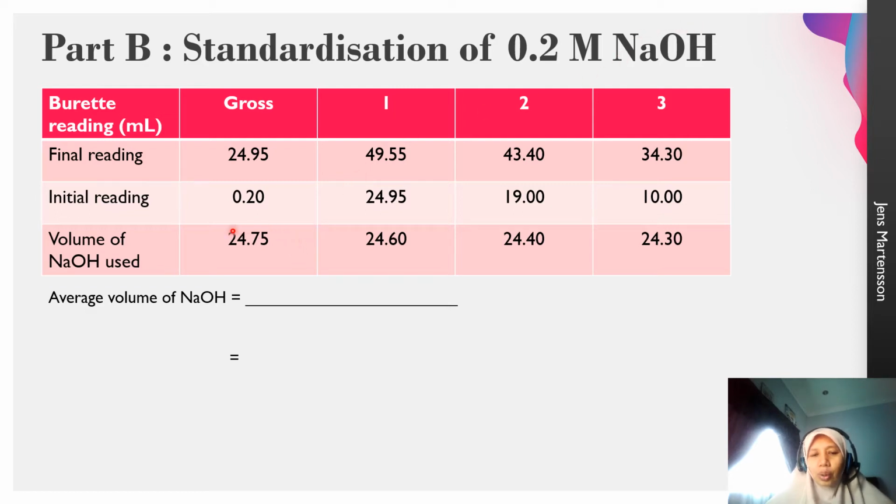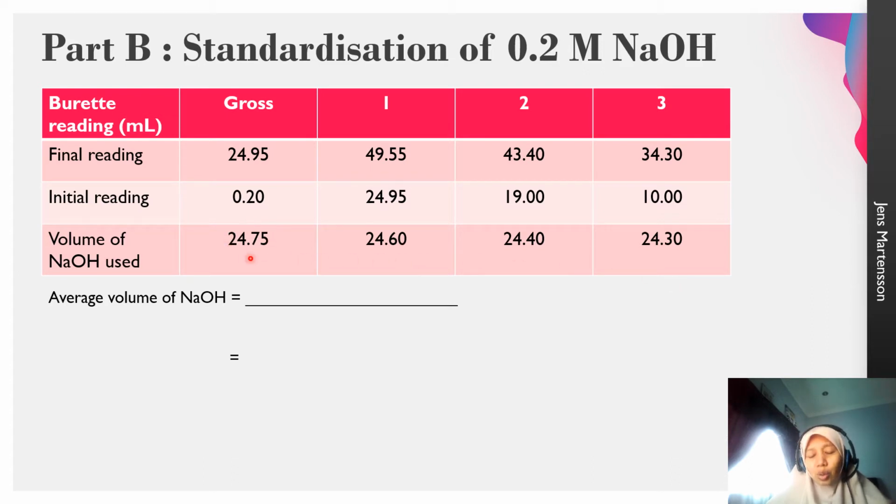So basically, we know we need around 24 and should be less than 24, because normally for gross reading, we do it at a very fast rate, and the color of the endpoint is not pale pink. Most of the time it is quite intense, because we do it very quickly, and most of the time we add in excess titrant into the analyte.